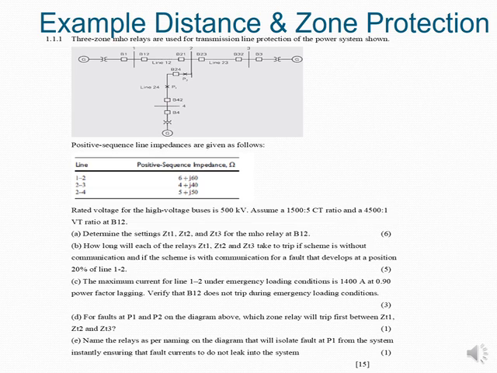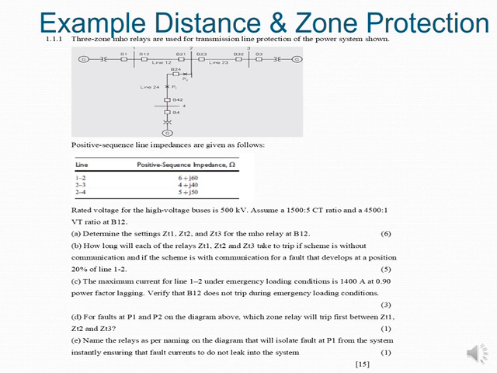So you load that to be higher than it is usually run at. So in this case, they're asking if we had that emergency scenario, of which then that line carries that 1400 amps at the power factor of 0.9. They want us to verify, will the relay trip during emergency loading conditions or not?